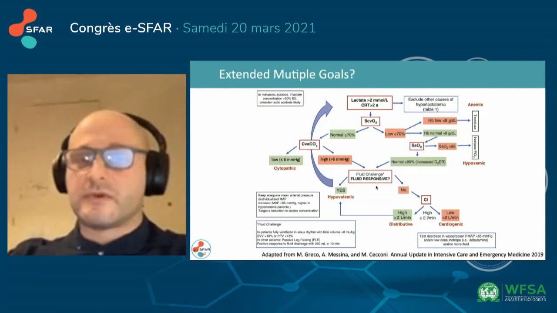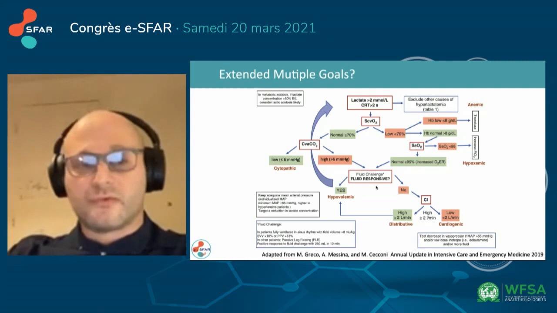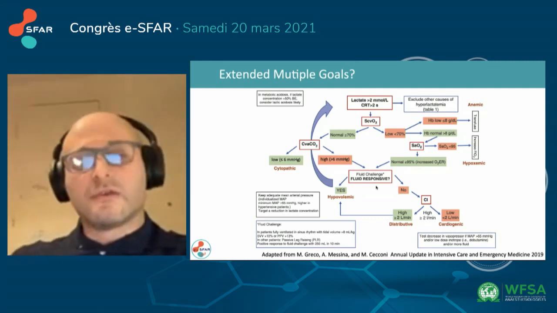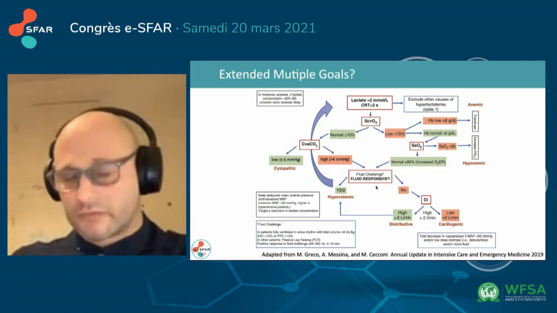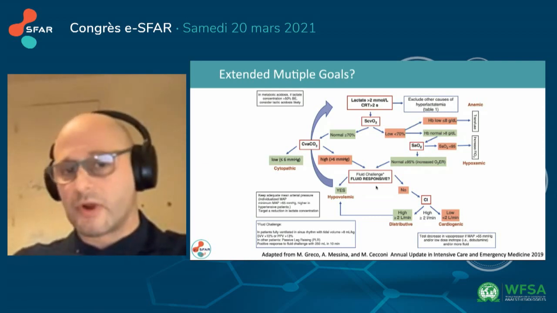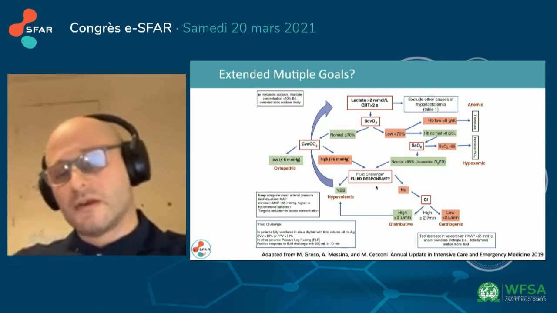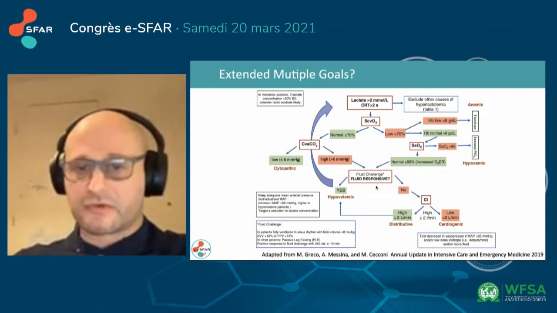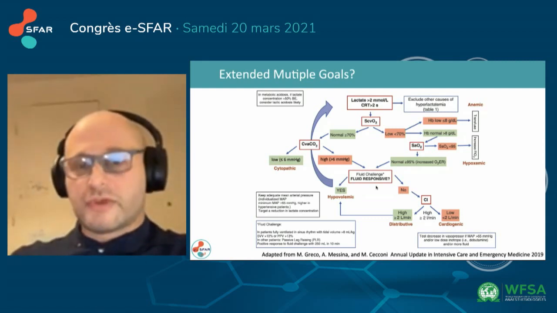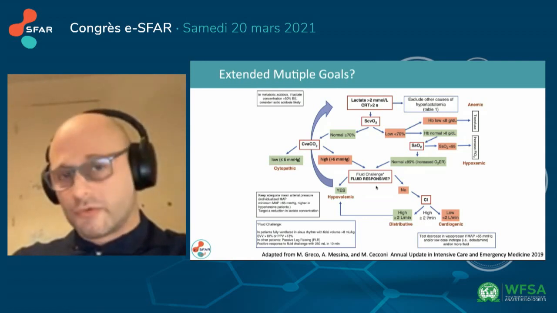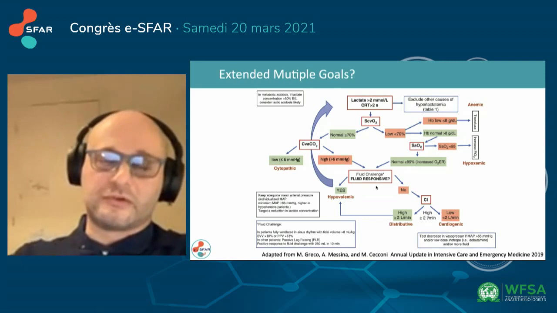Or if that ScvO2 is normal, asking the question whether there is a difference, an increase in venous to arterial CO2, which may unmask residual requirement for either fluid responsiveness or requiring an increase in cardiac output, cardiac index, eventually the use of inotropes or not. So these seem complex, but these are all tools which can be used in the resuscitation of EGDT.